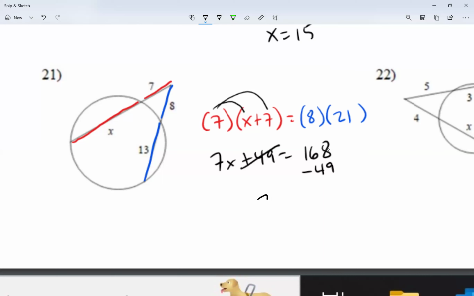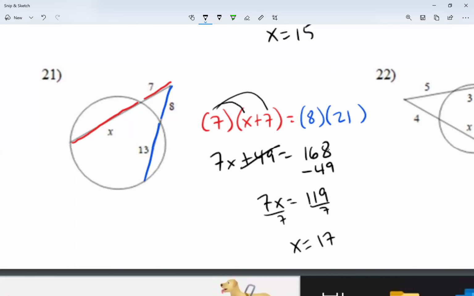So that gives me that 7x equals 168 minus 49. That is 119. Now let me divide by 7. 119 divided by 7 is 17. Okay, hopefully you guys are getting the idea.